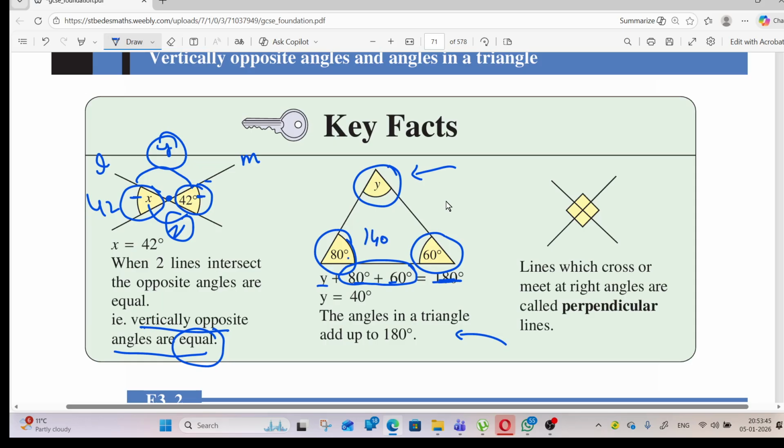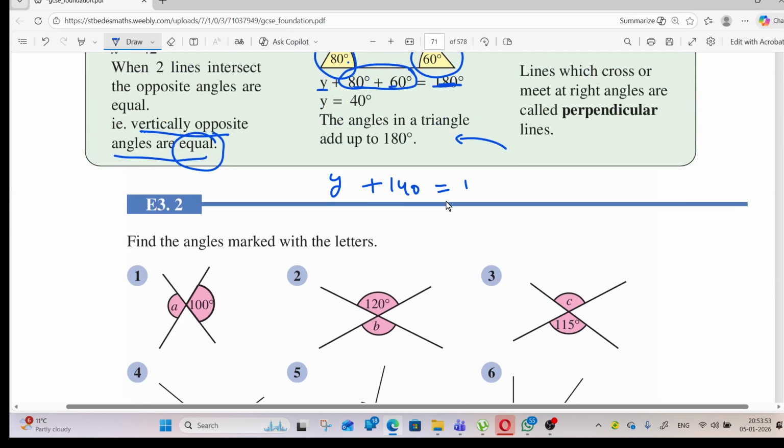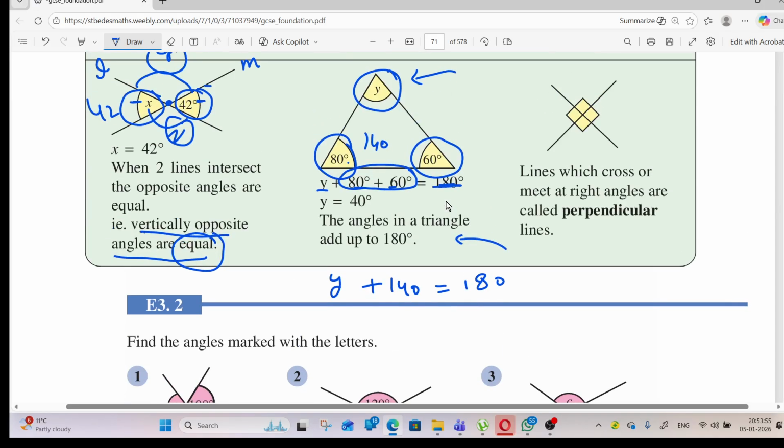So I have y plus 140 on this side, and 180 on this side. To find y, I can just subtract 140 from 180, which is going to give me 40 degrees. So basically y is 40.